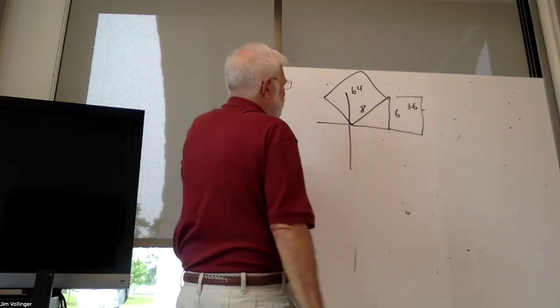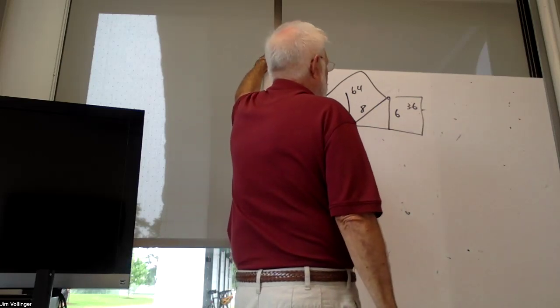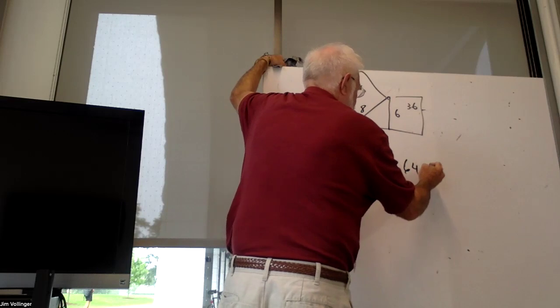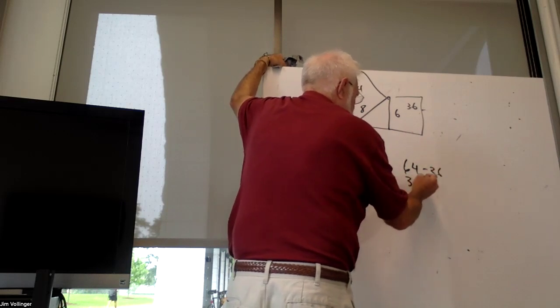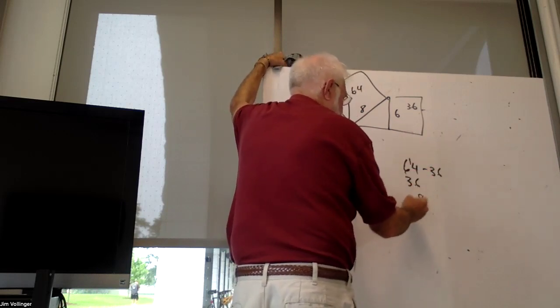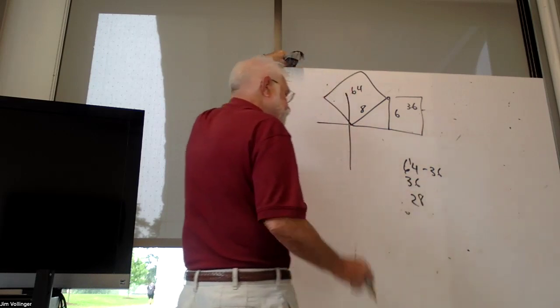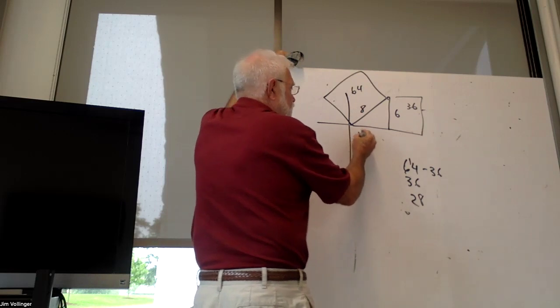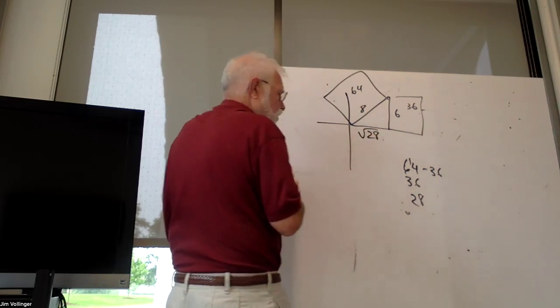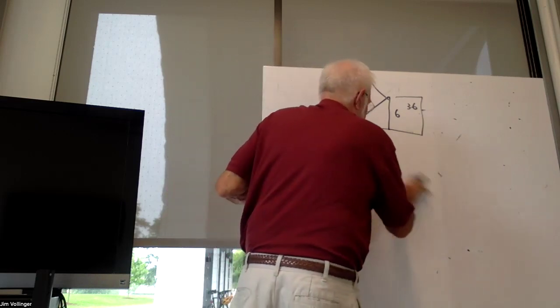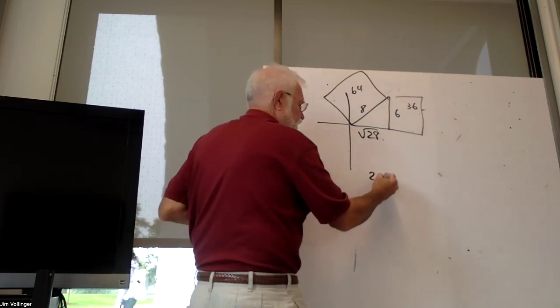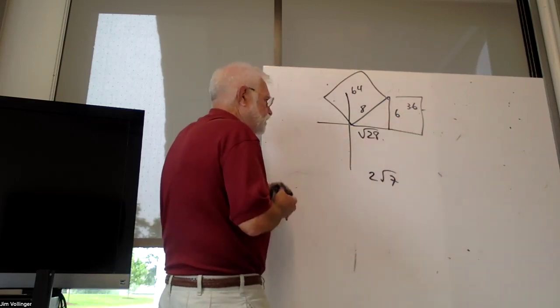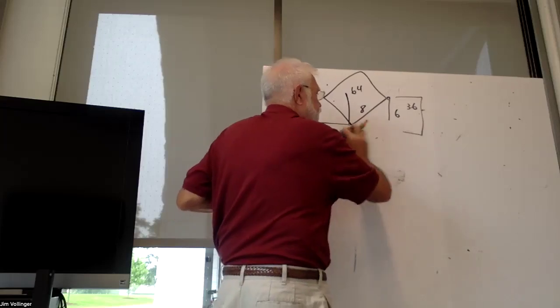So if that's 28, then this becomes the square root of 28, which we will learn to work with. And simplify, that becomes 2 root 7. Okay, big deal. I'll show you how to do that later.